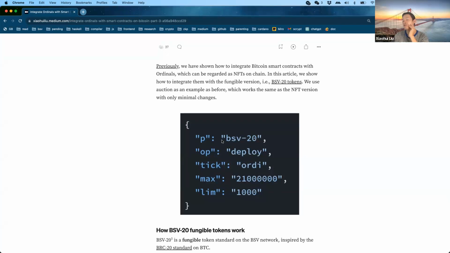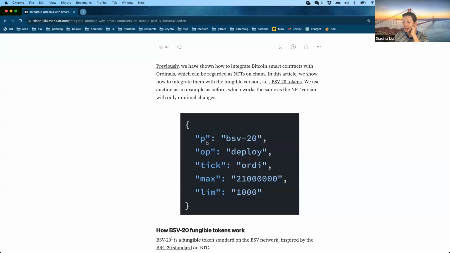For example, in BSV20, the content you inscribe is BSV20 JSON. This should be familiar if you've done any JavaScript or any kind of data exchange using one of the most popular, if not the most popular, data formats, called JSON. You have key value pairs.